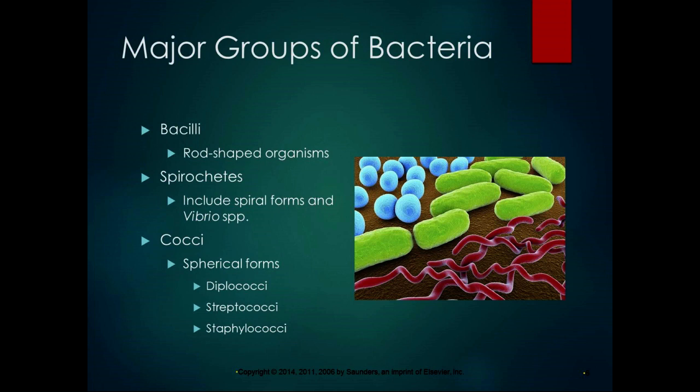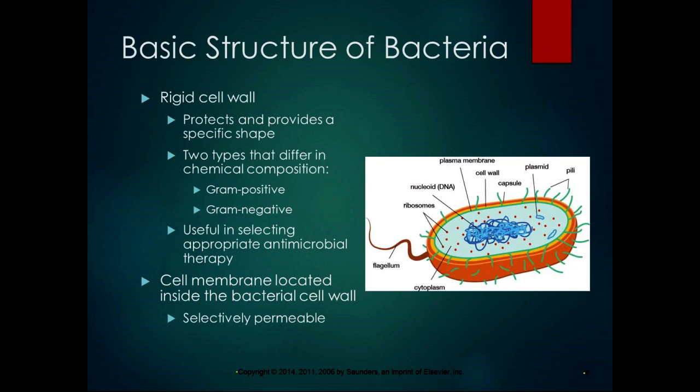You get diplococci, which are two little spheres that hang out together. Streptococci, which are long strings of spheres, and staphylococci, which kind of clump. So they're grouped by shape and kind of who they hang out with.